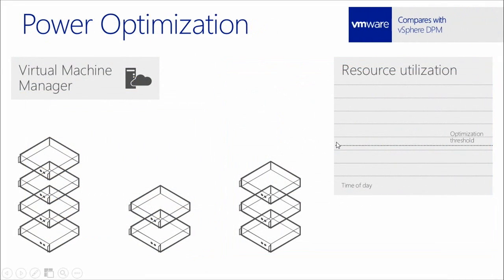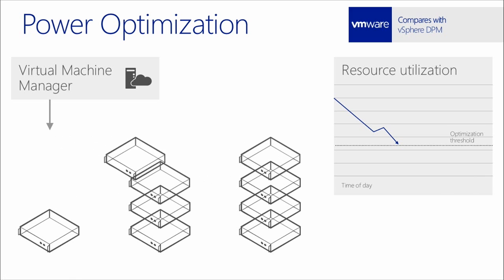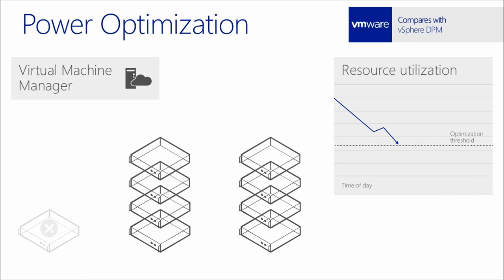Final thing we're going to cover here is an additional step beyond dynamic optimization known as power optimization. In this case, we set a minimum optimization threshold. And if our hosts fall below this minimum, we're actually going to go turn them off. So the idea behind this is for green IT, power saving. If you don't need a host running, let's turn it off.